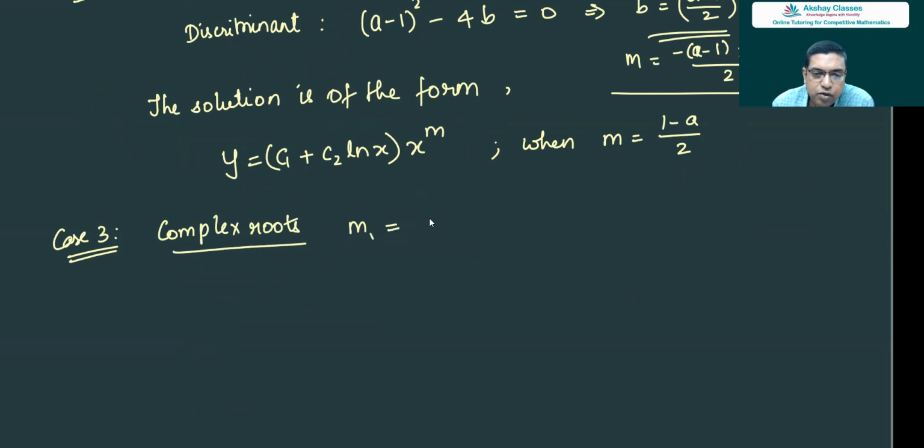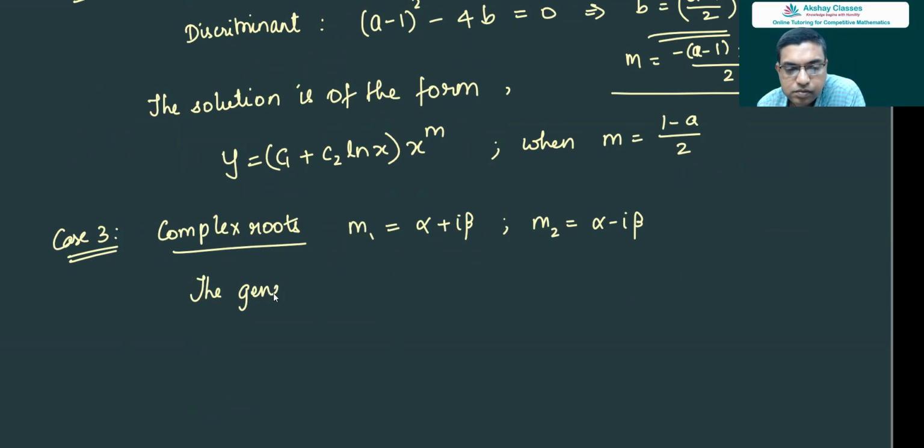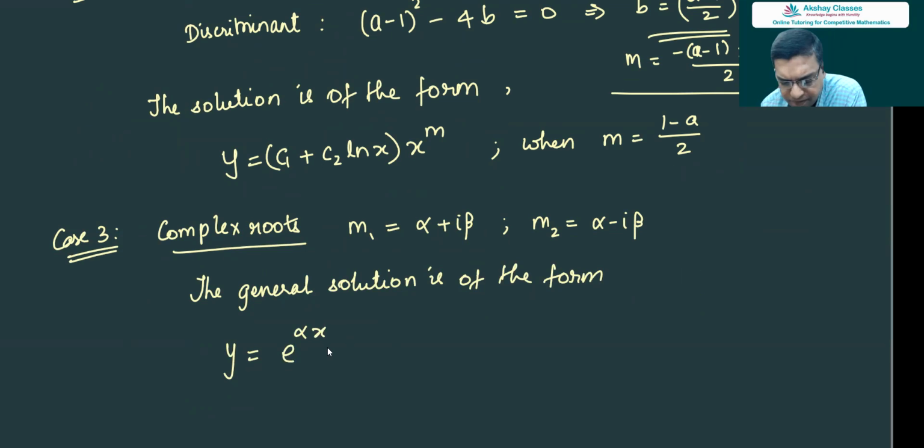M1 is equal to alpha plus i beta and M2 is equal to alpha minus i beta. So the general solution here is of the form y is equal to e power alpha x.